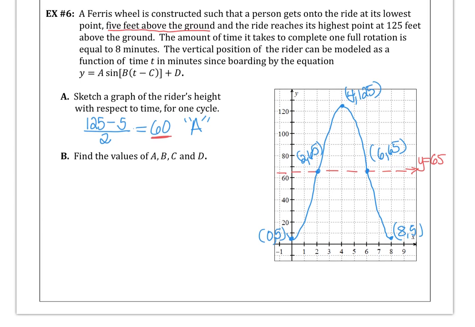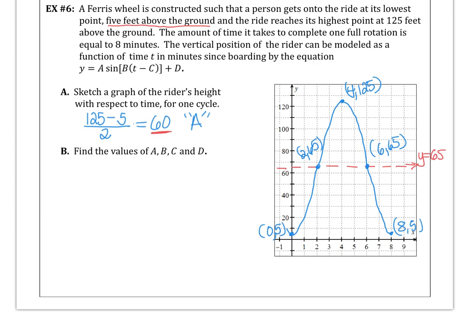So what did we discover from sketching that? We know A is 60. We know B is 2 pi over 8. 2 pi over B is 8, so B is pi over 4.